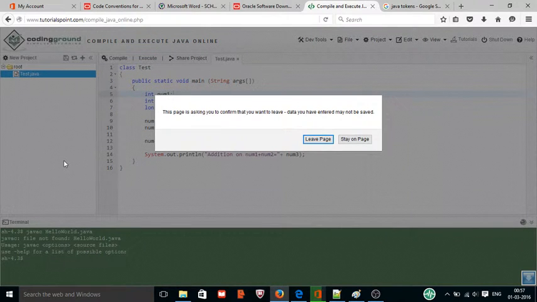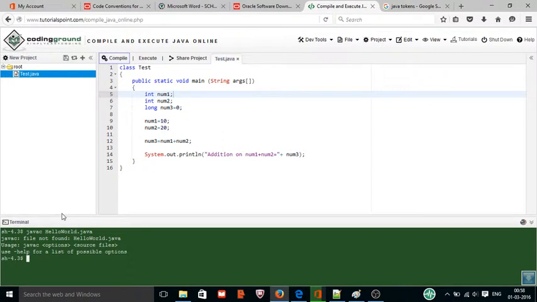Let me write the proper file name, javac Test.java.